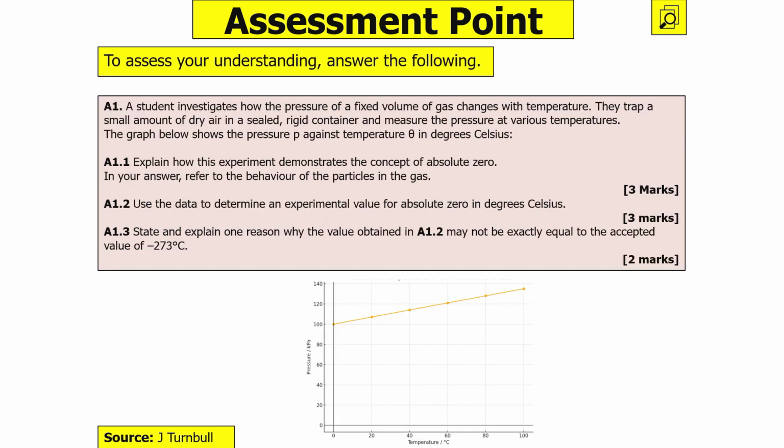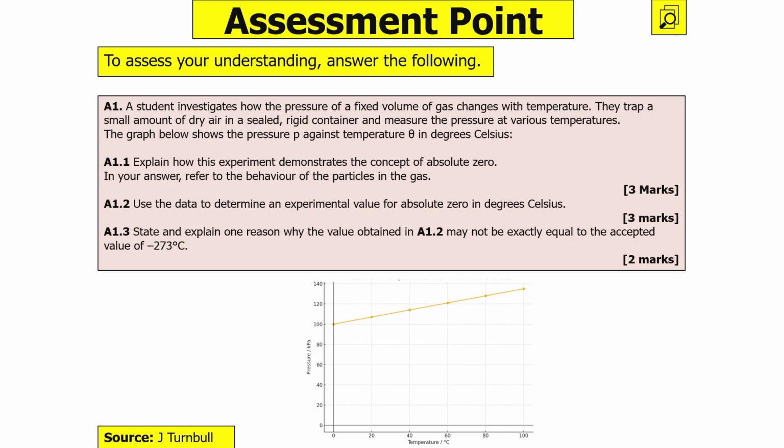A student investigates how the pressure of a fixed volume of gas changes with temperature. They trap a small amount of dry air in a sealed rigid container and measure the pressure at various temperatures. The graph below shows the pressure P against the temperature θ in degrees Celsius. Explain how this experiment demonstrates the concept of absolute zero.